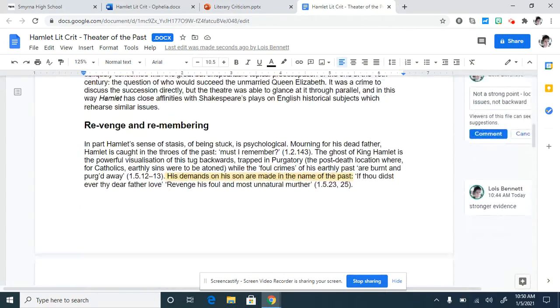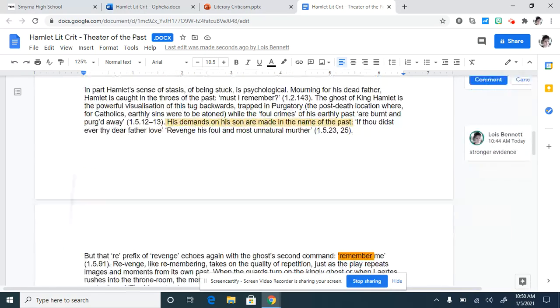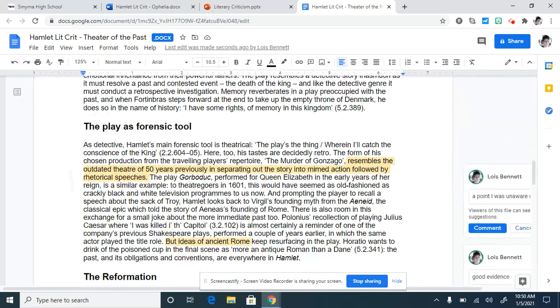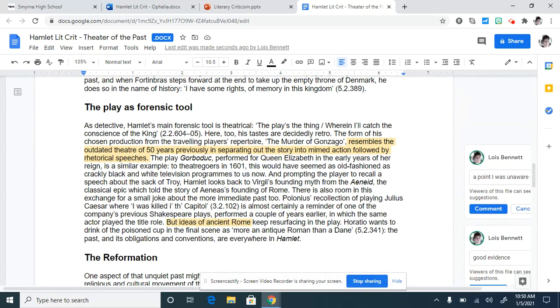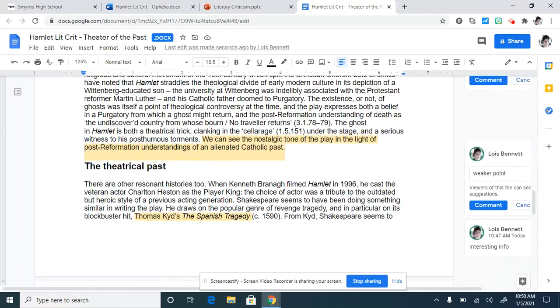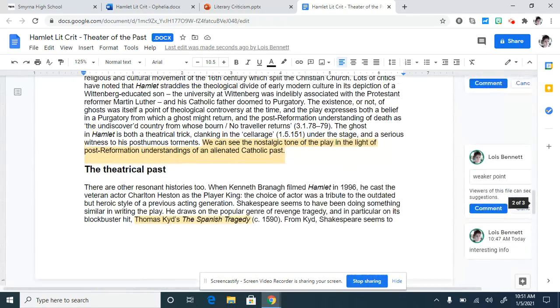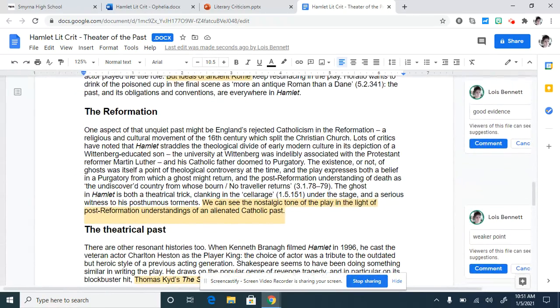Smith makes strong points about the concepts of revenge and remembering that link Hamlet to the past, and about how the murder of Gonzago and the play within a play is an outdated mode of theater that Shakespeare revives in this play. And weaker points, however, are made in discussing, what else did I say was weak?